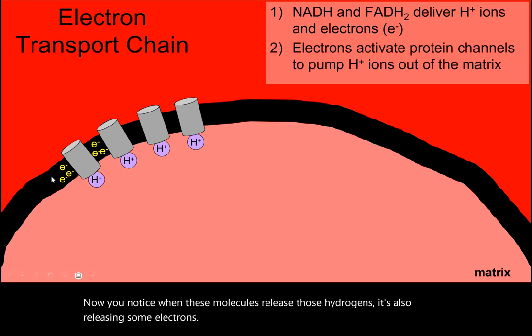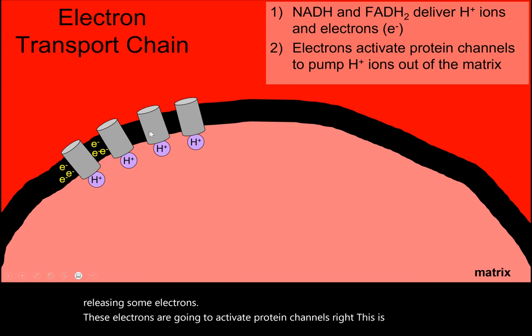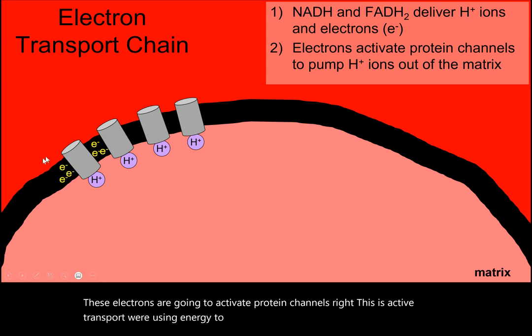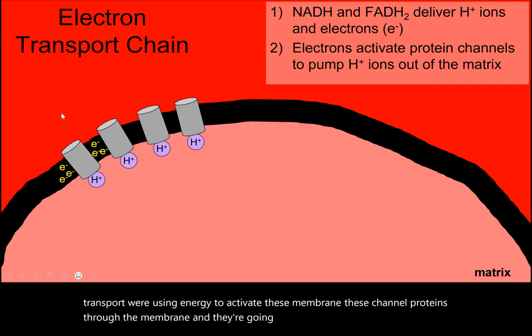These electrons are going to activate protein channels. This is active transport. We're using energy to activate these channel proteins through the membrane, and they're going to pump these hydrogen ions out.